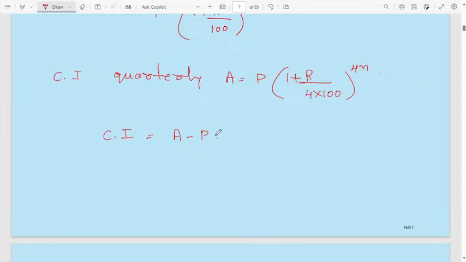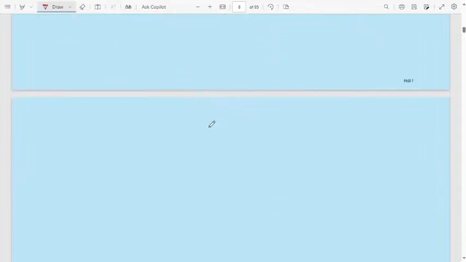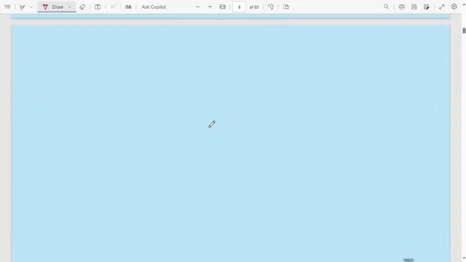Next set of formulas, I will consider arithmetic progression. AP, arithmetic progression, you know the formula. Tn is a plus n minus 1 into d.